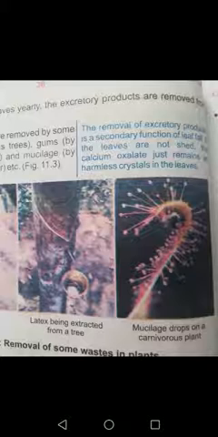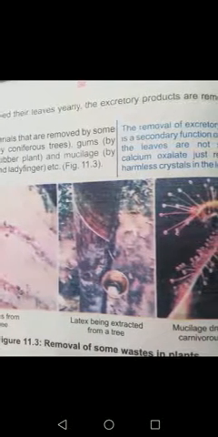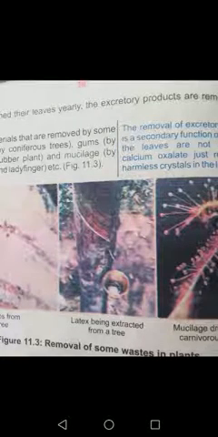What it means is that if the leaves are not shed from the plant, different chemicals like calcium oxalate remain in the plant as a harmless substance. So this process is not compulsory. It is a secondary function, and if they are not removed, the plant may store its metabolic waste in the form of harmless substances.